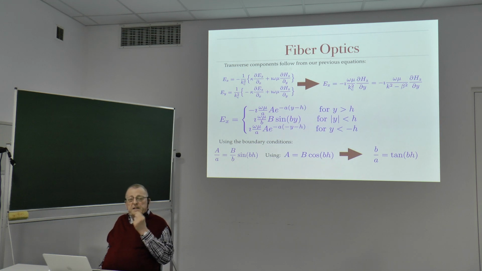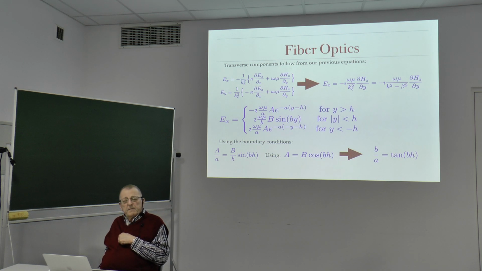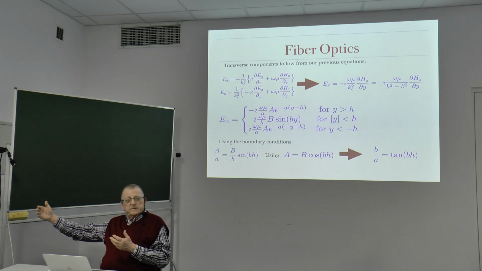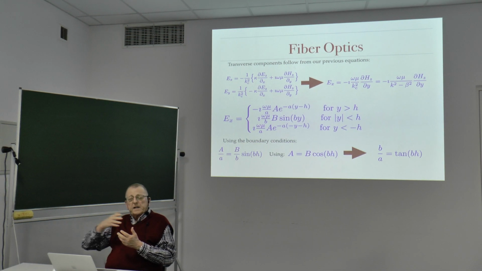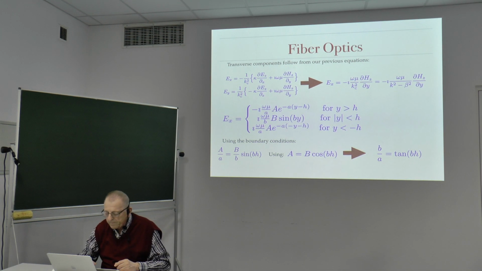That is complicated, because the tangent is a periodic function, so there are multiple solutions. We don't have one solution. We get the relation between these coefficients b and a, but it depends on the branches because the tangent is a periodic function.